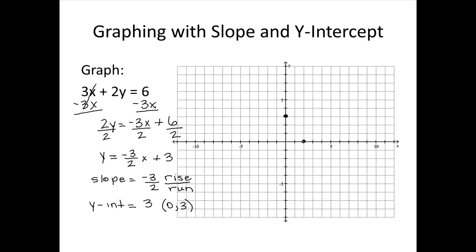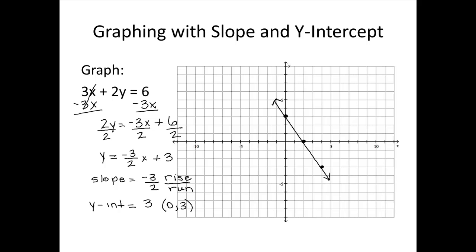If I wanted to get another point, I could go down 1, 2, 3 units, right 2, and get a third point. Now we draw the line. And that's our graph.